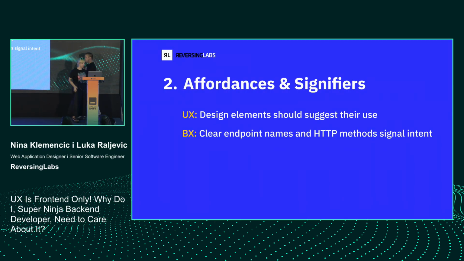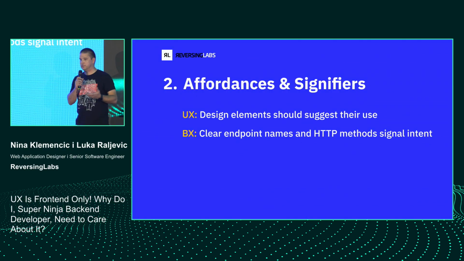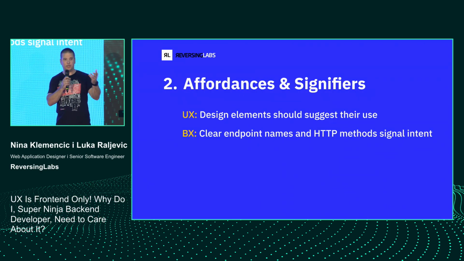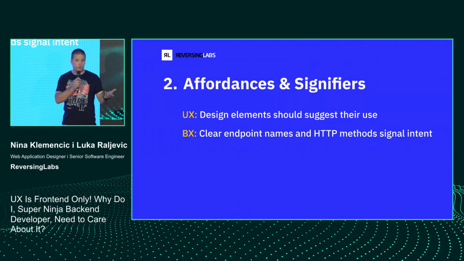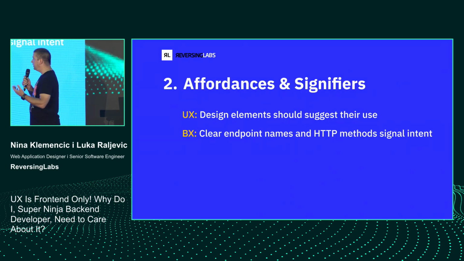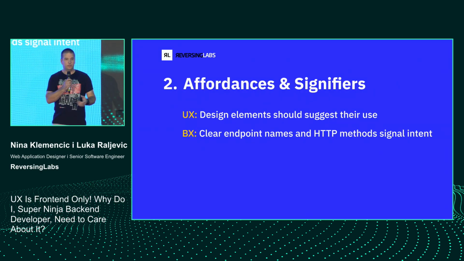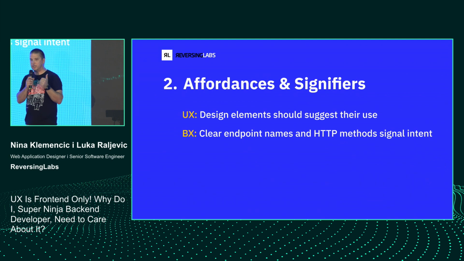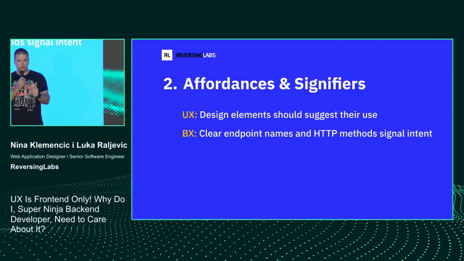On the backend side of things, you need to communicate with possibly front-end, mobile apps, other. If you're developing a library, then your API is your point of entry. So it needs to be clear.